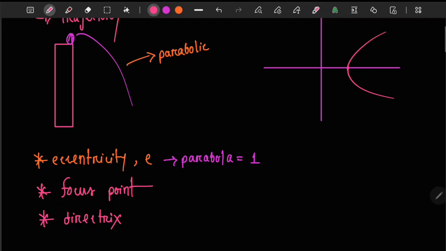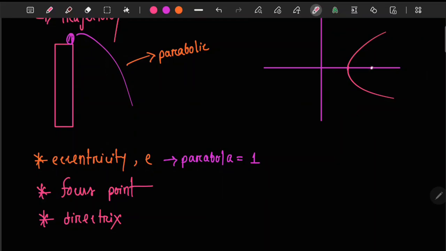So the focus, like you guys must have seen a circle. We know that there is a center point of a circle, but in this parabola it's not a filled thing, so you cannot find a center inside it, right? So there is a point that can be the centroid of the parabola.